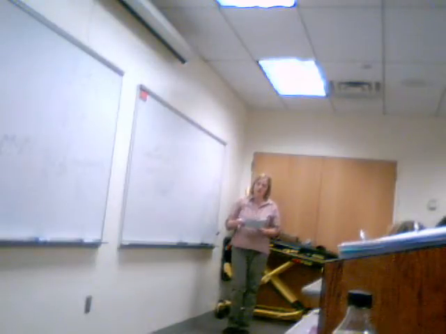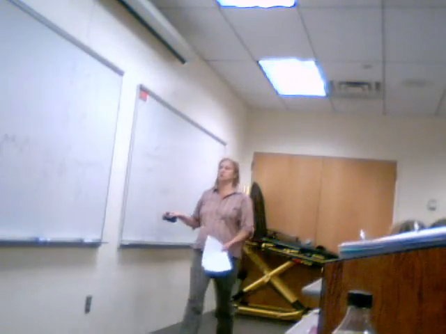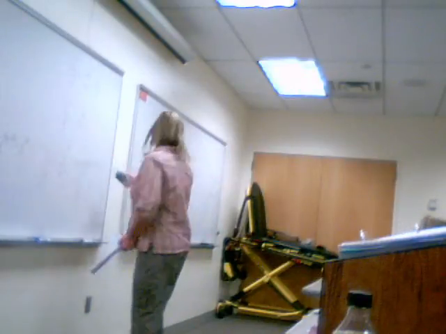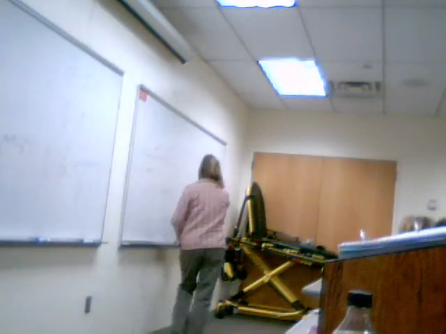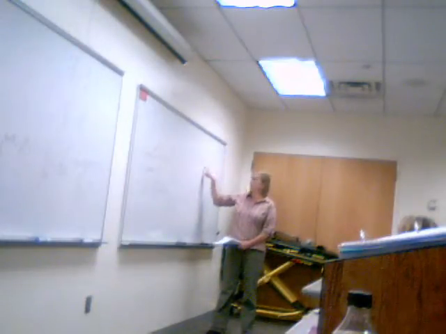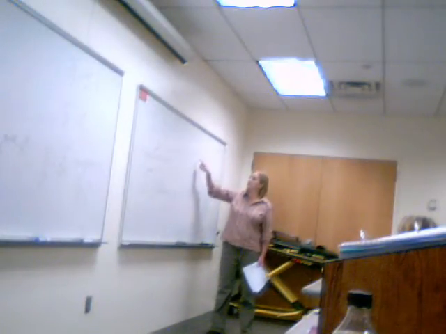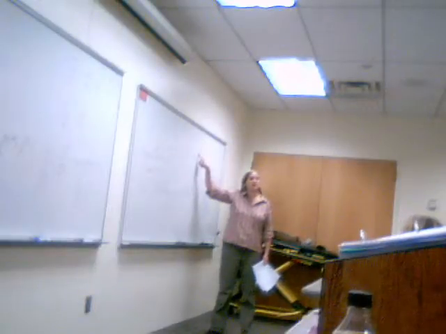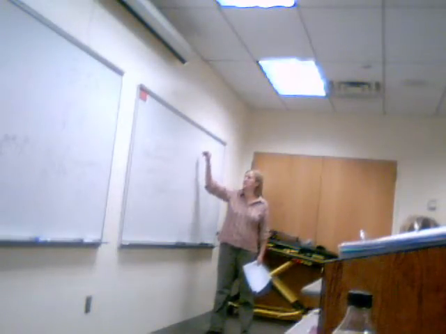The next rule we need to learn is called the power rule. Why is it 1? Where? Here? Okay, because whatever's in this parentheses is being raised to a 0 power. So that means this whole thing goes to 1.